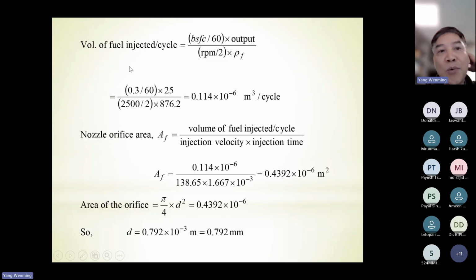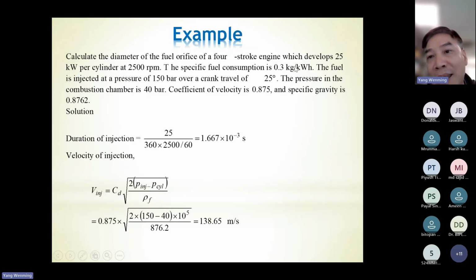The next step is to find the volume of fuel injected per cycle. For this we use BSFC. BSFC is given as 0.3 kg per kilowatt hour, which means the fuel consumption is 0.3 kg when the engine produces 1 kilowatt of power for 1 hour.